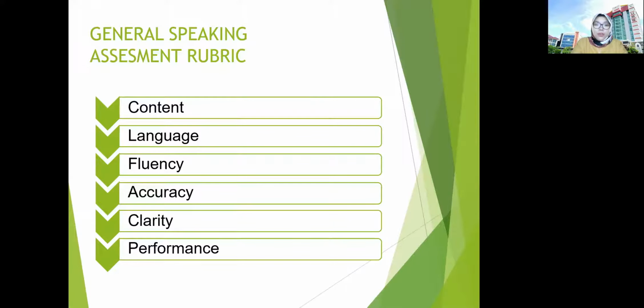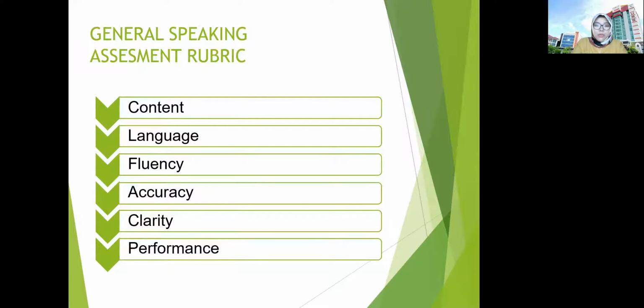First, I will talk about the general speaking assessment rubric. Later on, when you are doing a public speaking performance, you will be assessed based on these main criteria or main aspects, which cover the content, the language, fluency, accuracy, clarity, and performance.